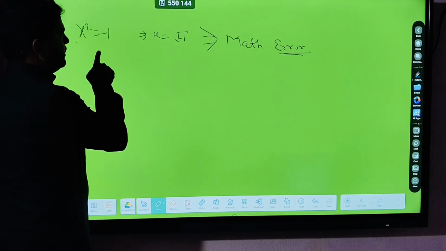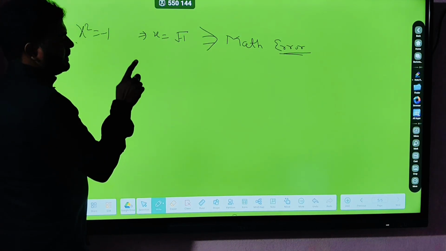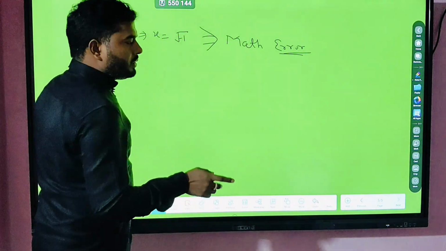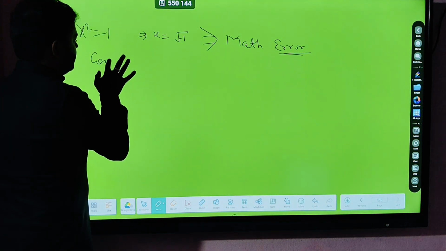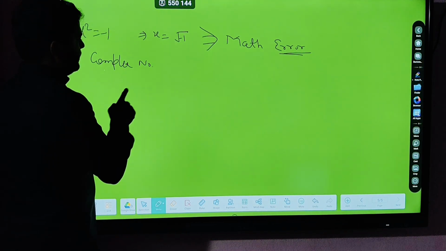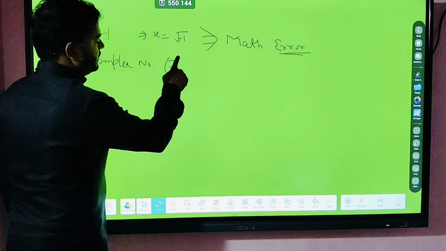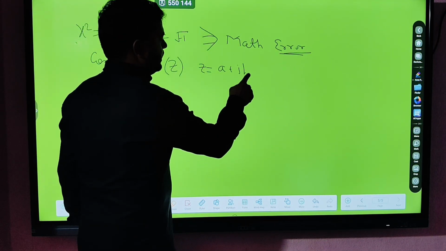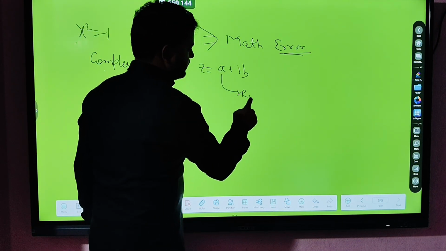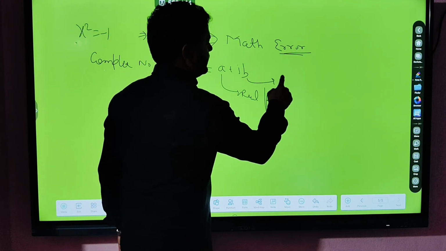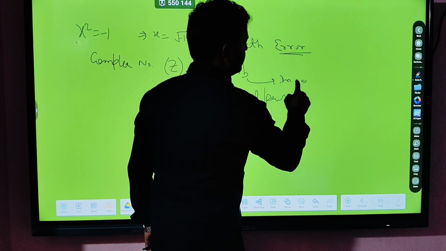From there we have defined complex numbers like this: a complex number can have two parts, real part and imaginary part, right? So a complex number is generally represented by z. So z can have a plus iota b. a is the real part and b is the imaginary part.